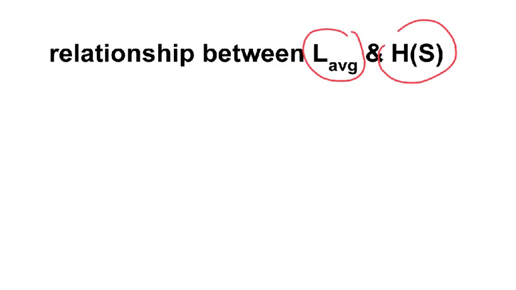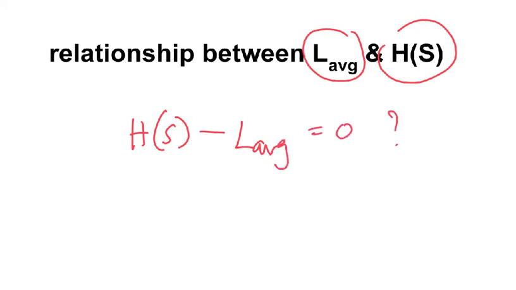The question now is, if we subtract L average from H(S), shall we get 0? Is it more than 0, more than or equal to 0, less than 0, or less than or equal to 0? So this is the question.